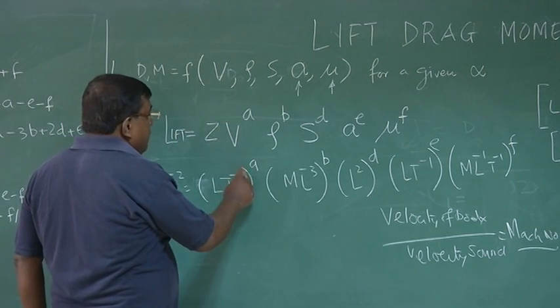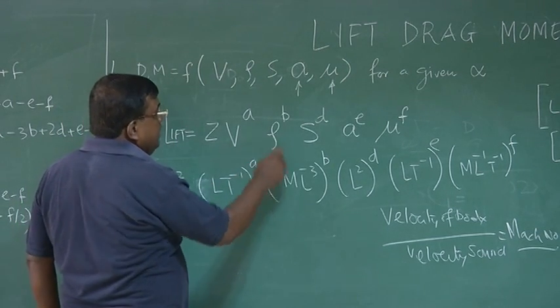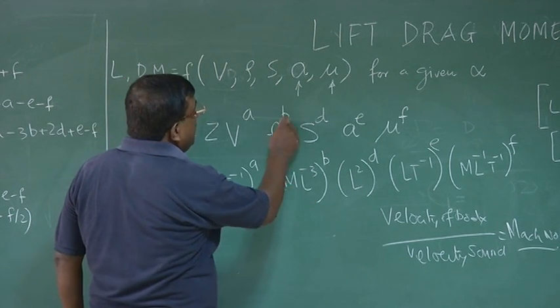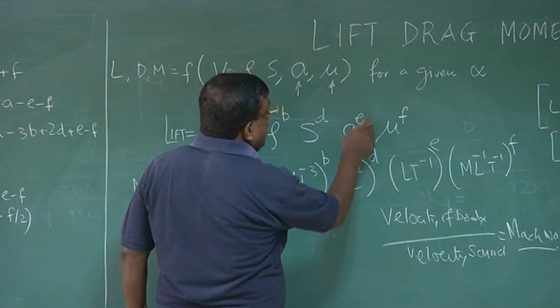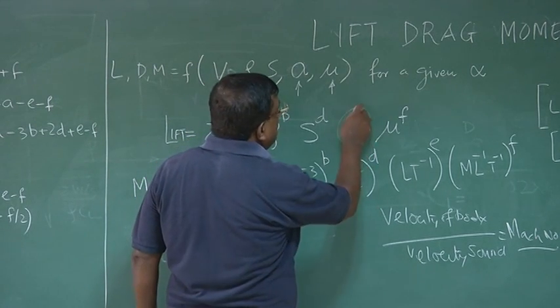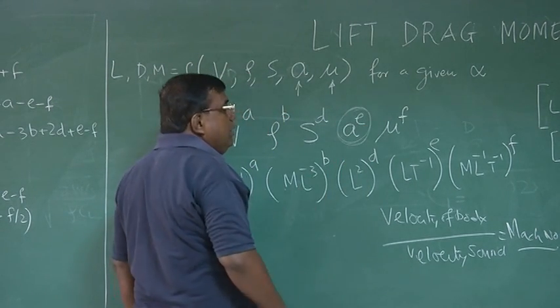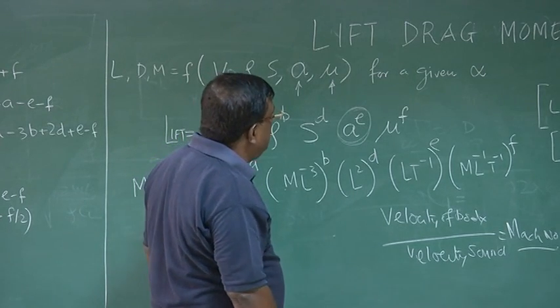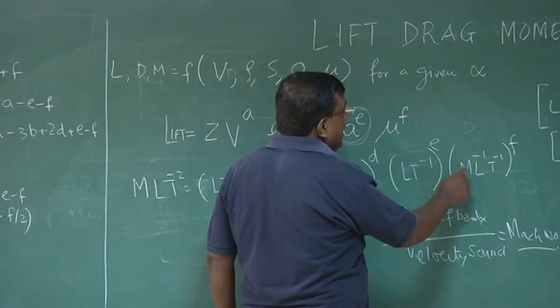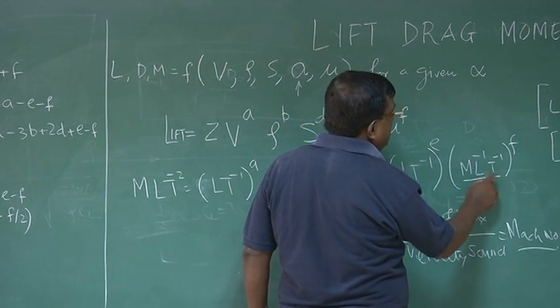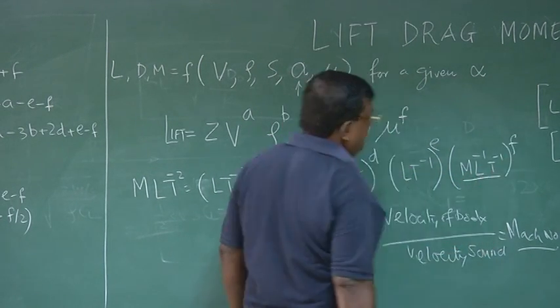So L T to the minus 1 is v, to the power a, then rho is M L to the minus 3 to the power b, s is L squared to the power d, a is the speed of sound, to be more precise, and that is L T to the minus 1 to the power e, and mu we have discussed, M L to the minus 1 T to the minus 1 to the power f.